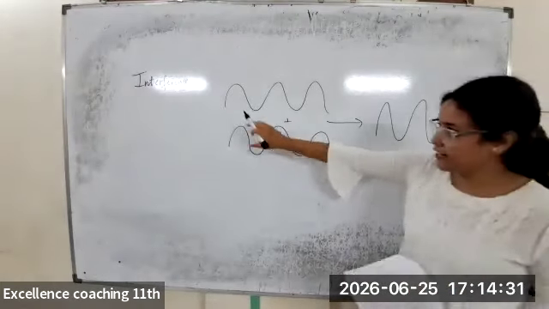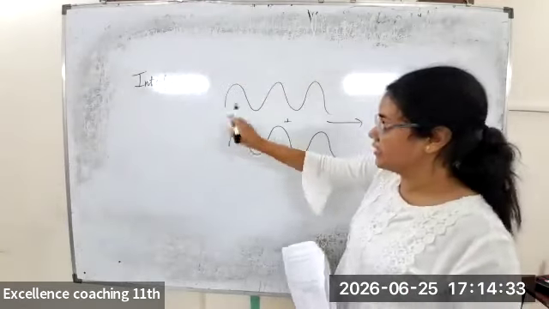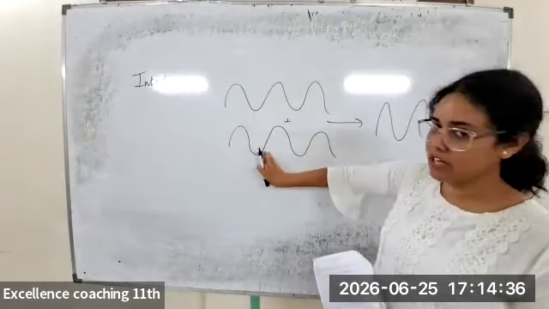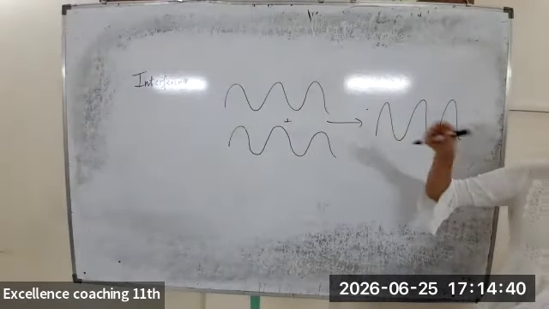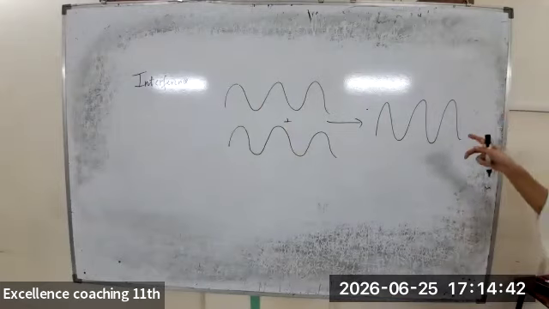The crest gets added to the crest, trough to the trough, and since it adds on, the amplitude will increase.